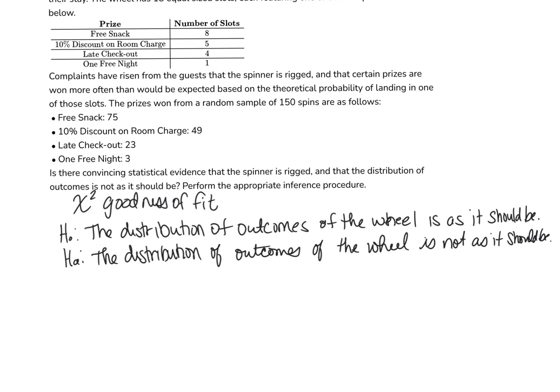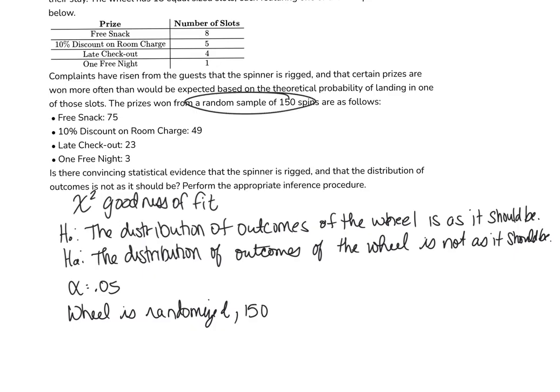Okay, we'll set an alpha level of 0.05. And we need to do some calculations. There's 18 spots. I have to check my conditions. So the wheel is randomized. And then it says a random sample of 150 spins. So 150 random customers.